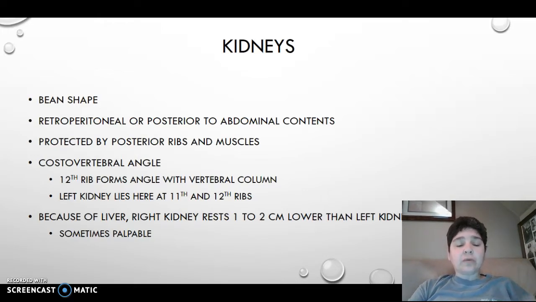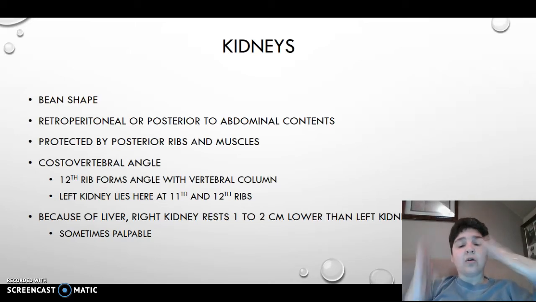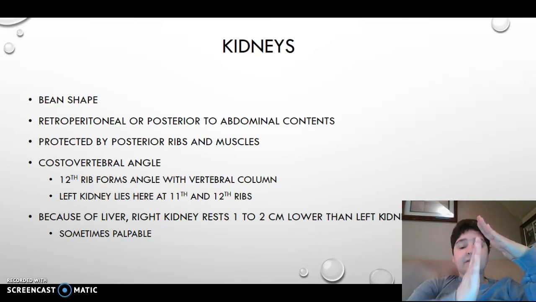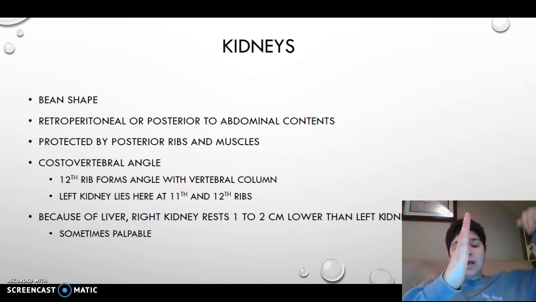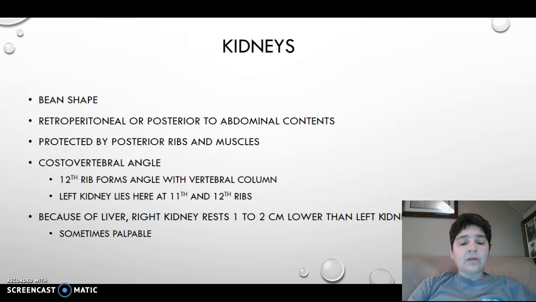I had you all do that thump with the kidney where you went in that angle where the 12th rib, that bottom rib, forms that angle with the vertebral column. So if this is your vertebral column and the ribs kind of curve in like that, it's this angle right in between there and the ribs.